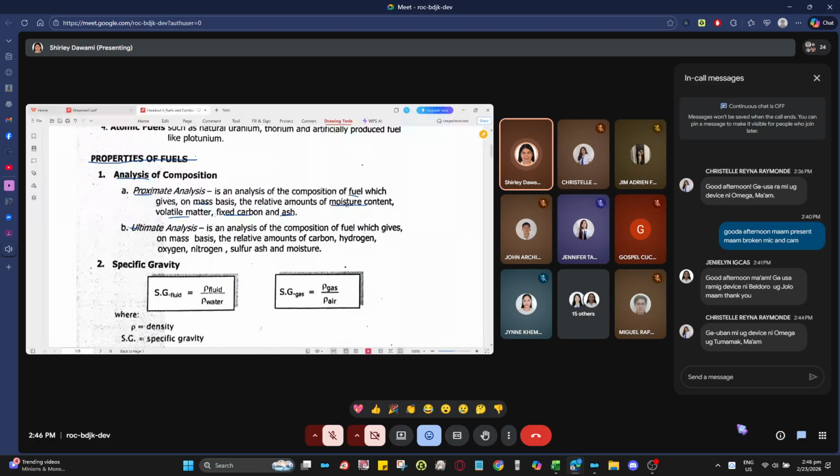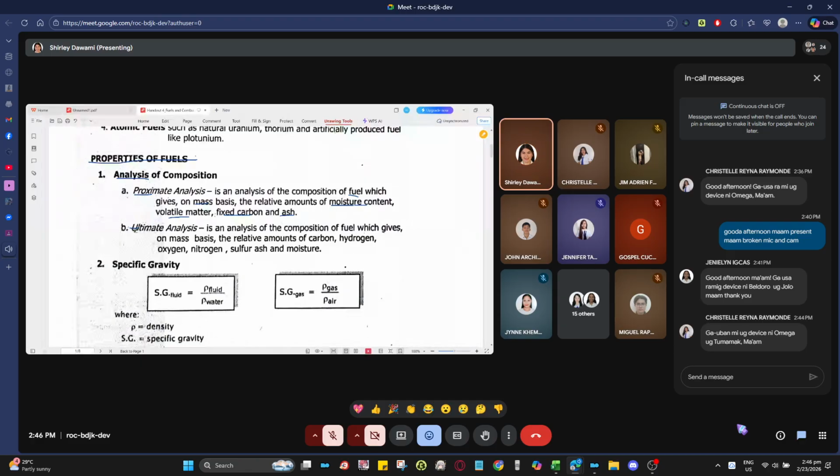Okay, so pila iyang moisture content in percentage, the volatile matter, the fixed carbon, and ash, no. So let's say sa coal, unsay iyang mga relative amounts ani niya nga mga element or content, ana nga coal.